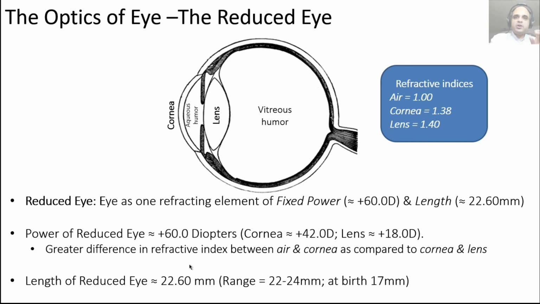If your eyeball is shorter, the light rays have to be refracted more, so this power would be slightly more. If your eyeball is longer, the light rays have to be refracted slightly less, so this power might be less, as long as the range is within the normal limit and the light rays focus on the retina. We'll come back to this in a little bit of time.